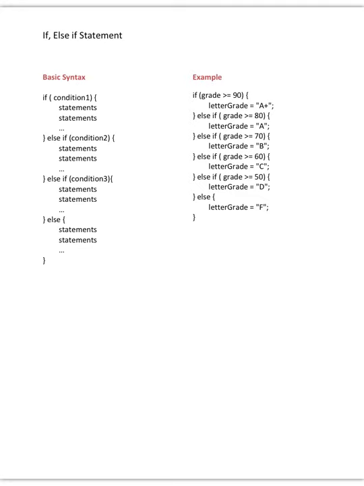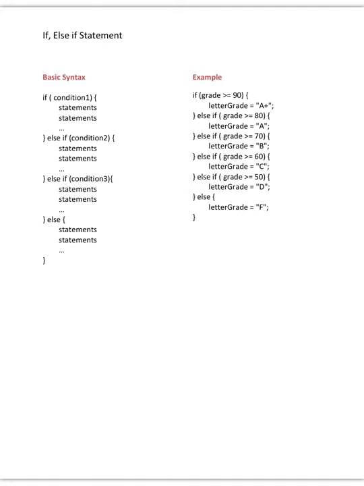This is when you would have a situation where there might be more than two options that you want to check for. So if you want to check, based on a list of things, have they selected option one, or option two, or option three, or option four? In that case, you can create what we call an if-else if statement.